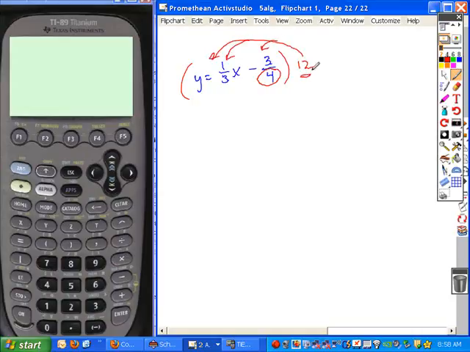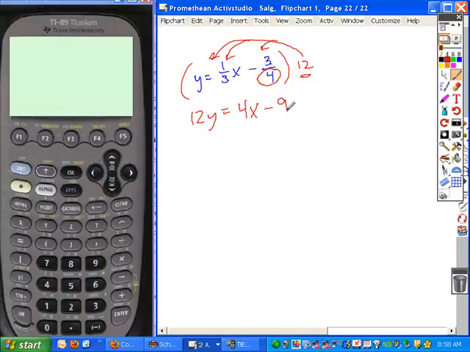Distribute that through. You get 12 times y. Now, when you multiply 12 times 1/3, or divide 12 by 3, what's left? 4, so you would get 4x. And then here, when you multiply 12 by negative 3/4, the 4 cancels with the 12, leaving a 3. 3 times negative 3 is negative 9.